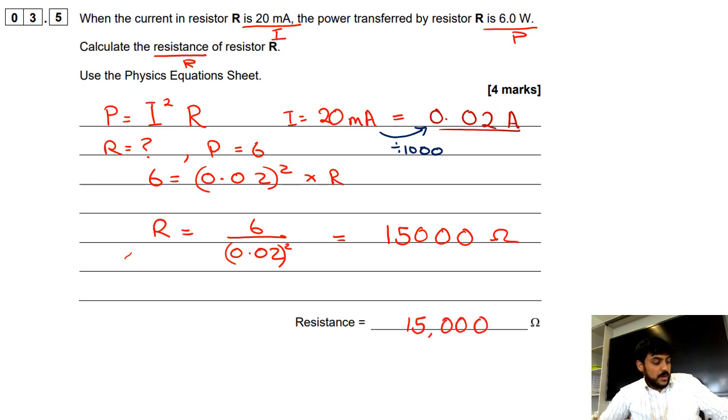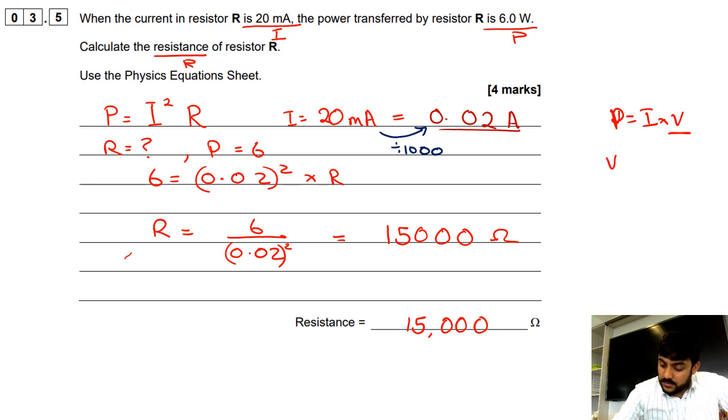Okay, the other way of doing this is, of course, by using V equals IR and then calculating potential difference, then using power equals I times V. That is, by using power equals I times V, calculating what V is, then using V equals IR to find what resistance is.